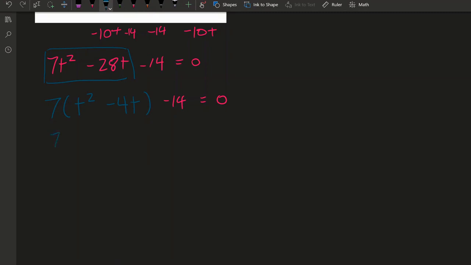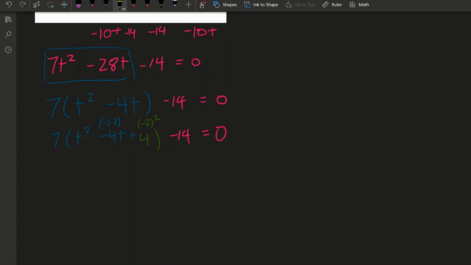So I've got t squared minus 4t, and I know that this is negative 2 times 2 right here. So that means the third number that I want to have right here should be negative 2 squared, which is 4. Minus 14 is equal to 0.